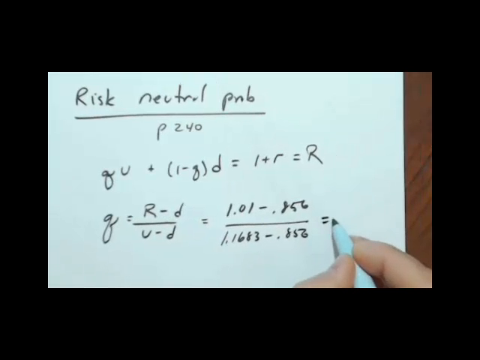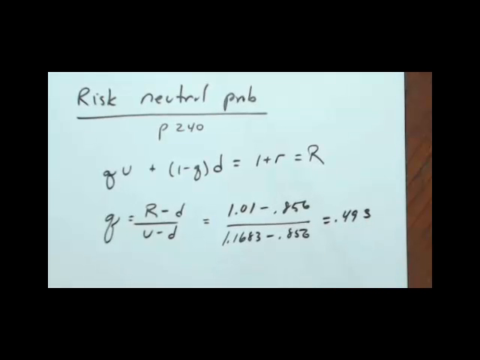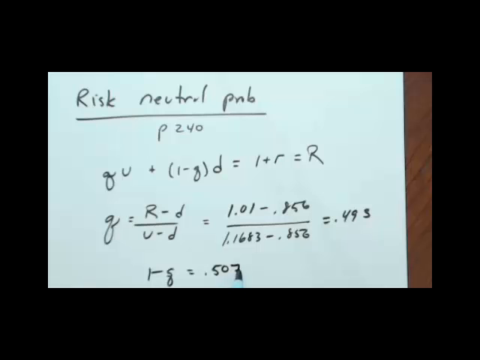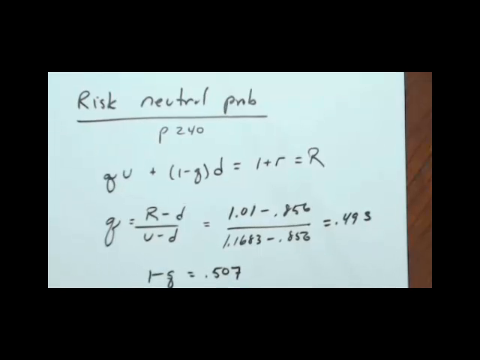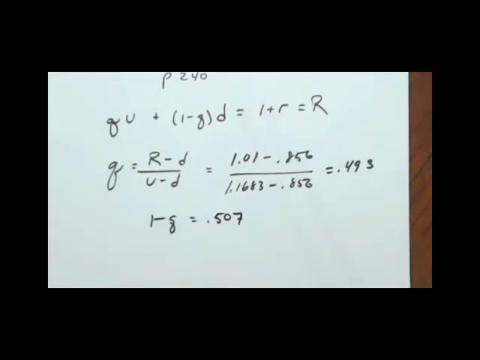And this comes out to be 0.493. The probability of the stock going up is about 49%. The probability of it going down is 0.507.